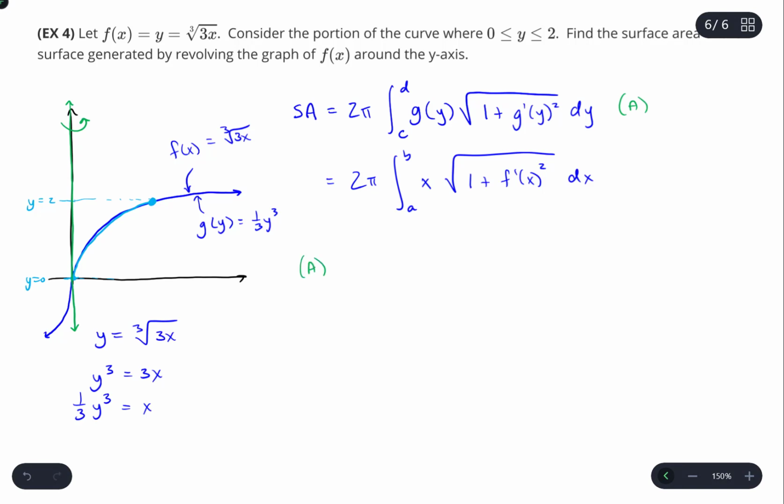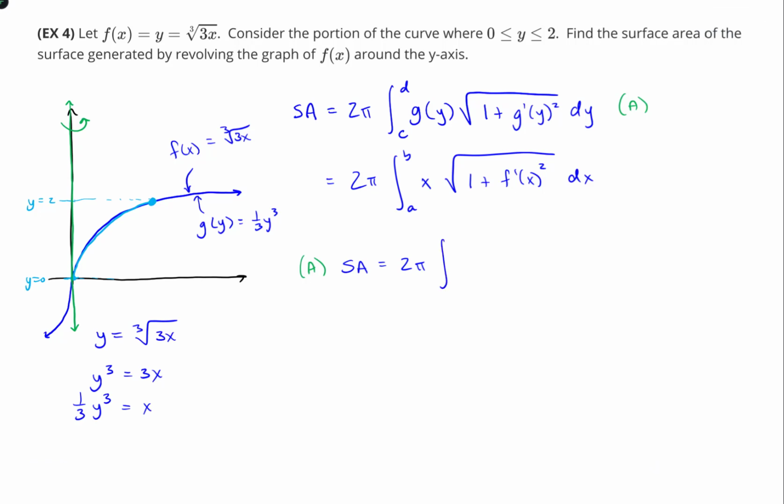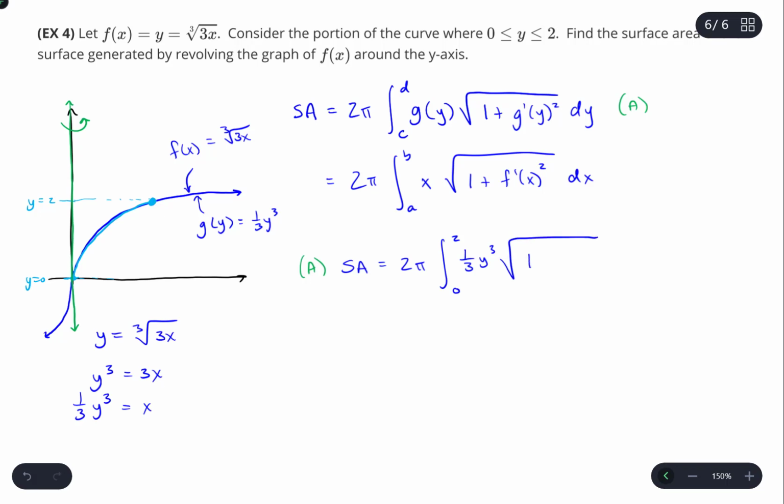And if I am solving using that formula, I can say my surface area is 2 pi times the integral, this is on the y-axis now, so from 0 to 2, g of y, so that's 1/3 y cubed, times the square root of 1 plus g prime of y.